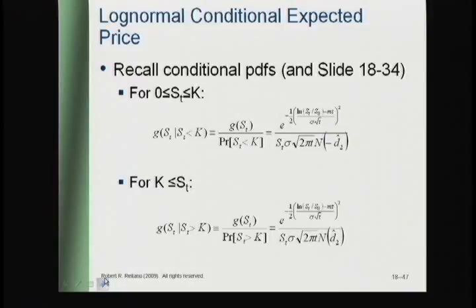Now, with this probability density function, we can define a conditional probability density function. And to do that, we have to recall how conditional probability density functions are defined. You may recall that, imagine, if you will, graphically, that I have some probability density function, and it has a given probability density, let's call it f of x.